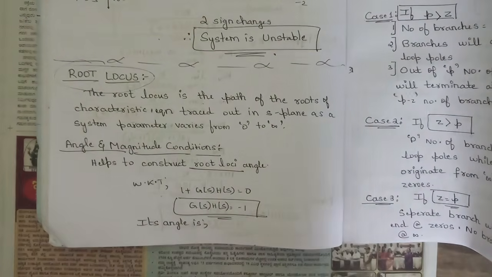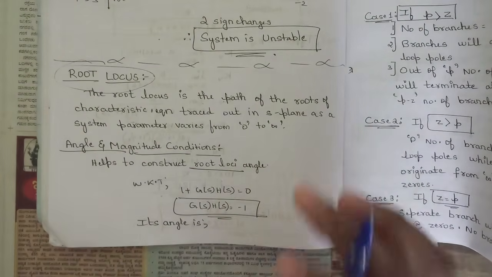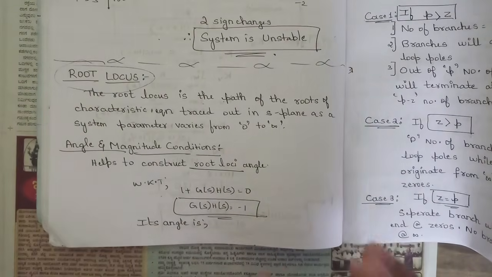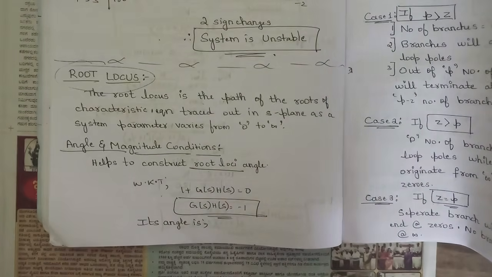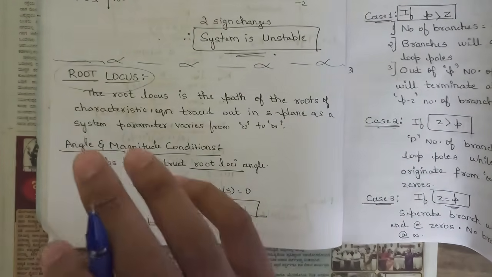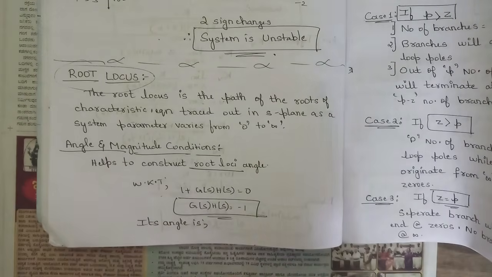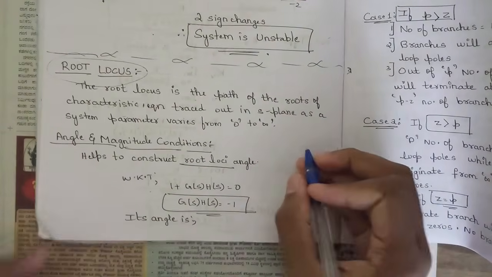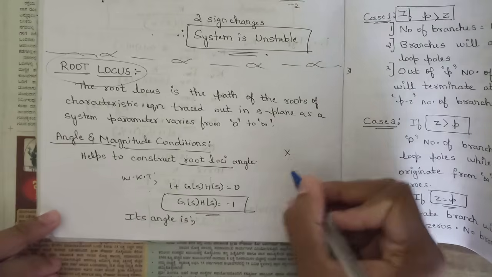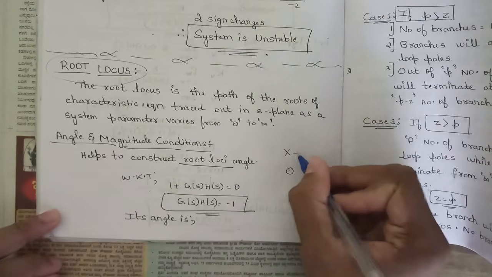So root locus is basically the path of the roots of the characteristic equation. Here we have one characteristic equation and the path of its roots. For example, if we find the roots of that characteristic equation, those roots are represented in the graph in the form of zeros and poles. In the graph the poles are represented like this and the zeros are represented like this.